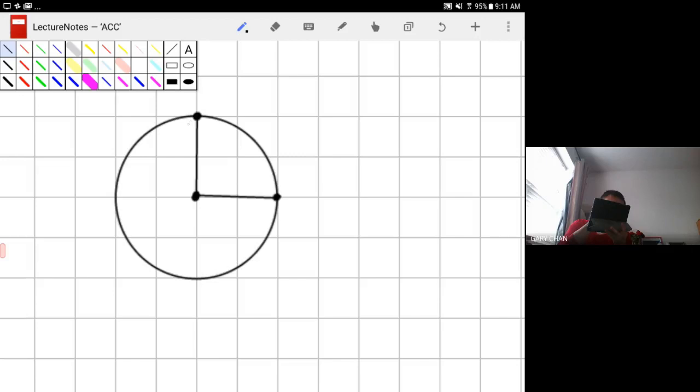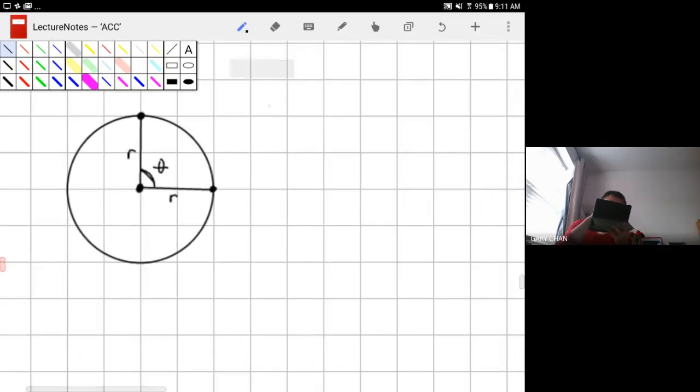Remember that? So this is the radius, and all radii are going to be the same length within the same circle. This angle over here formed by two radii we refer to as the central angle. So theta in this case is the central angle.